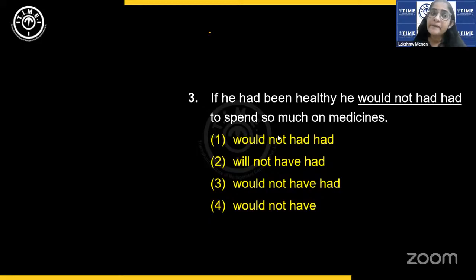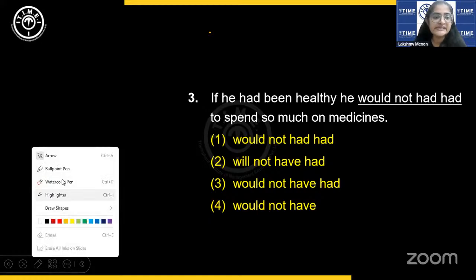This is the past perfect form of the verb have. So this is the past perfect tense, right? Would not had. But what tense do we need here? Very good. Excellent again. Would not have had. This is called a subjunctive mood sentence. You don't need to know that, but I'm just saying this is called a subjunctive mood sentence.